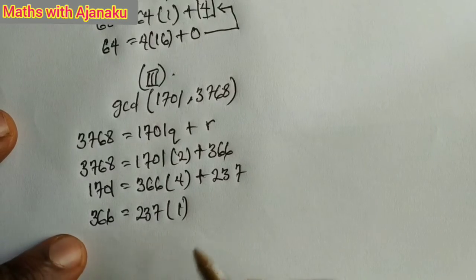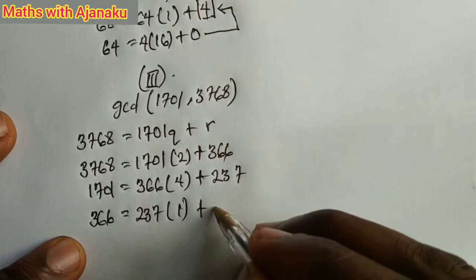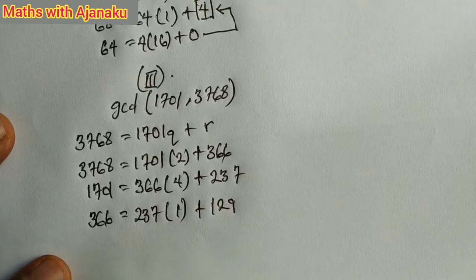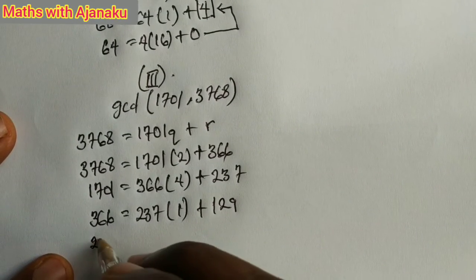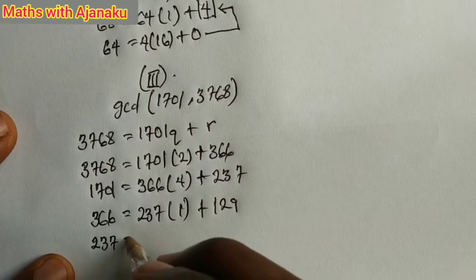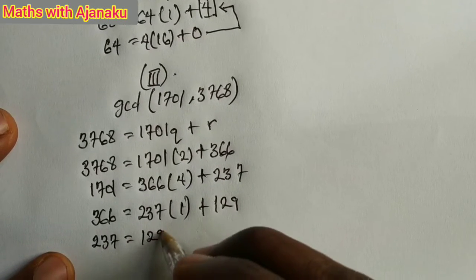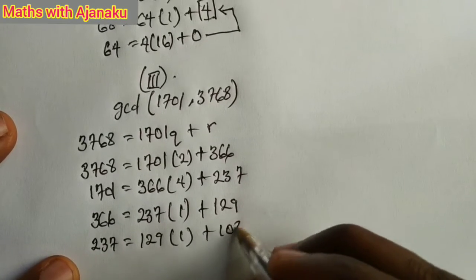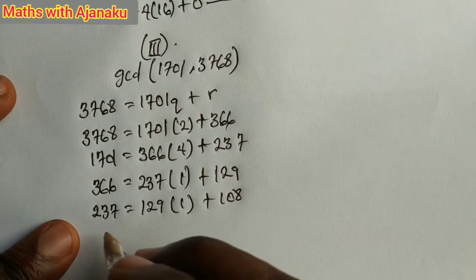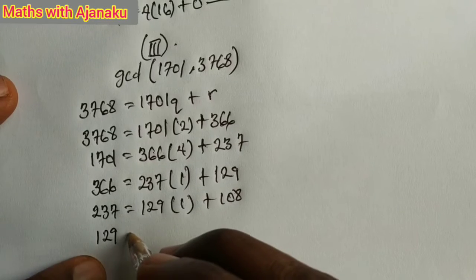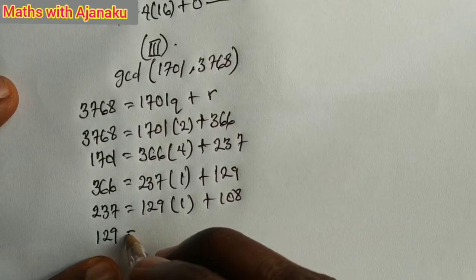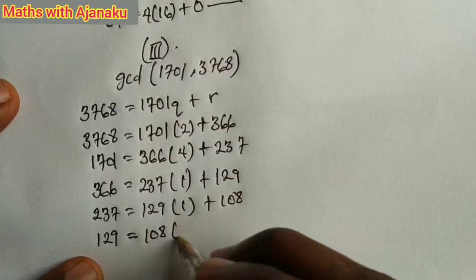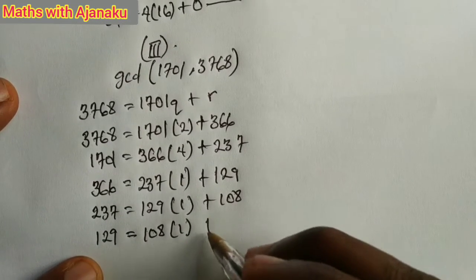So if it goes once, remaining 129. Okay, now bring 237 to be equal to 129. We also go once, remaining 108. Then 129 we come out, then 108 will go just once as well, remaining 21.